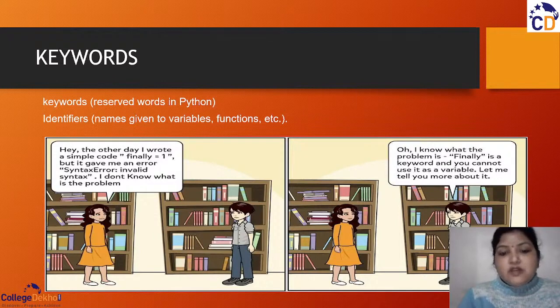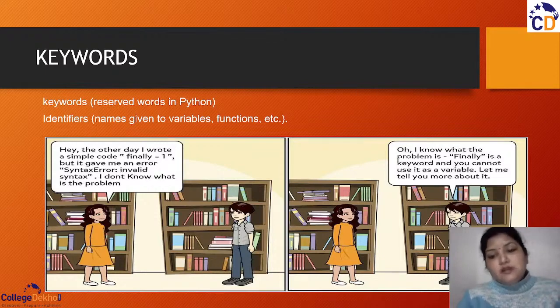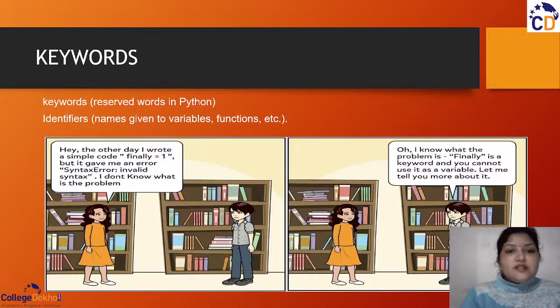If I'm taking a field like student name, it could be anything like Manvi, or any name you can take. Whereas when we have a fixed thing, you cannot use it as a variable name. So there are some keywords in Python programming which are fixed and defined in the library of Python, right? So let's begin with the session.